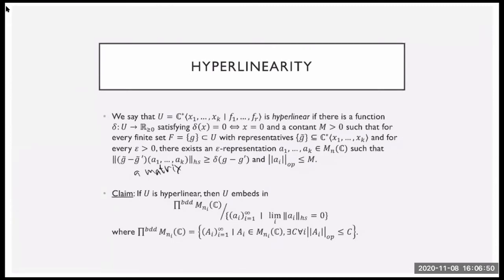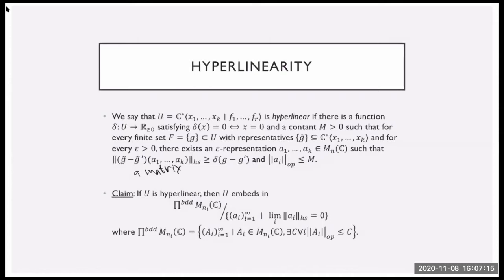So it has a Hilbert-Schmidt norm, which is just this normalized 2 norm that we talked about last time. And we want this Hilbert-Schmidt norm to be bounded from below by this function on the difference between G and G prime. And also we want all of our epsilon representations to be bounded by this number M.